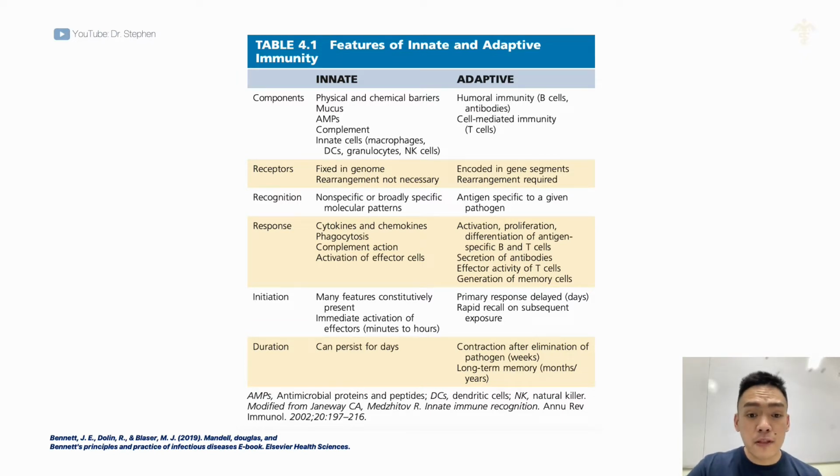Beyond 24 hours, and rapid recall on subsequent exposure. So it needs to get acquainted with the previous interactions with that pathogen or that microbe. Duration for innate, it can persist for days, and contraction after elimination of pathogens for weeks for your adaptive. It could also be long-term memory for even months or years.